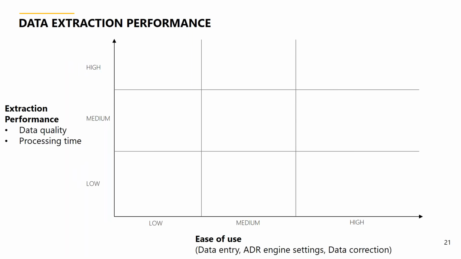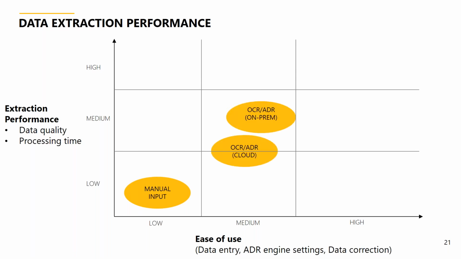But if we look at the extraction capability, going back to what we were talking about previously, on the left-hand side of the screen, we're talking about how do we extract and how good is that against how easy is that to use? Well, if you're manual, we've already talked about some of the rates around this, it tends to be quite low. And it takes quite a long amount of time to be able to get things out.